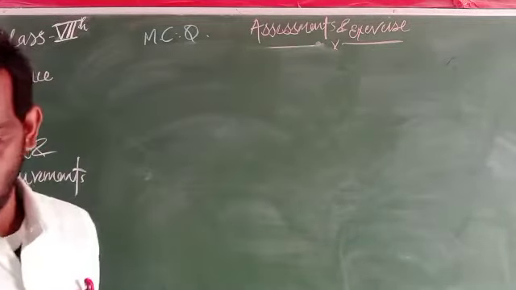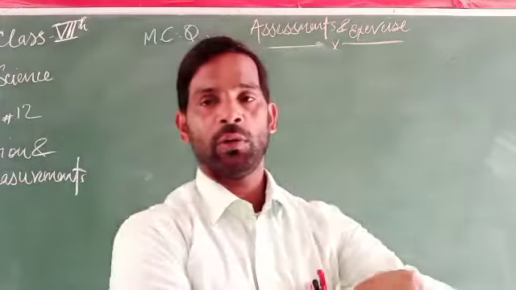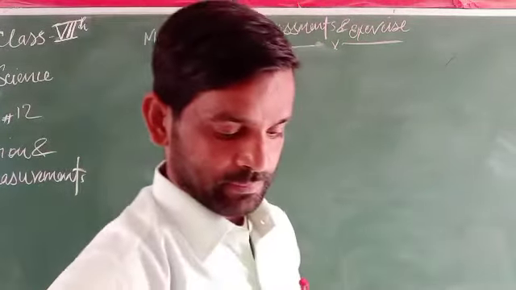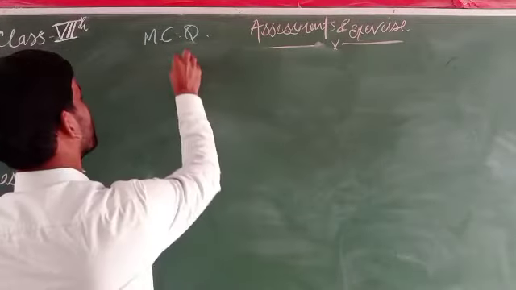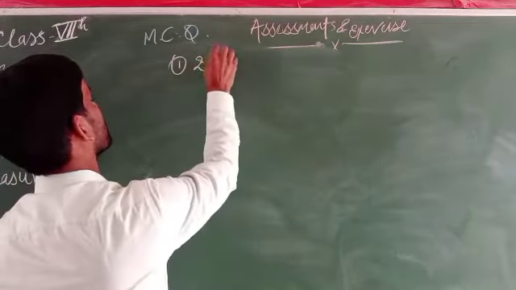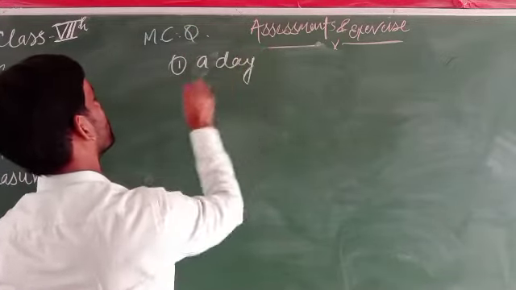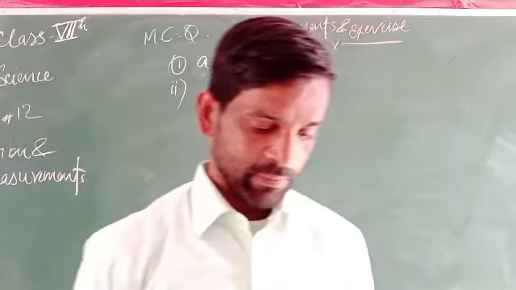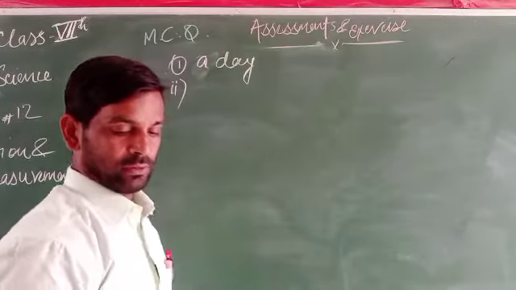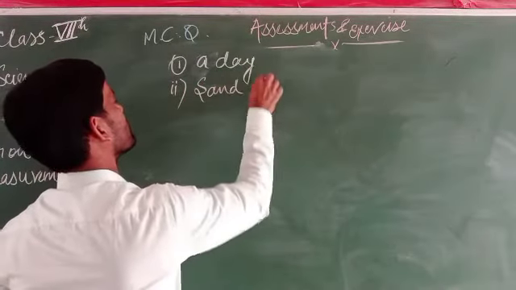The next portion is: give one word for the following. Time taken by Earth to complete one rotation, that is 24 hours, should be termed as a day. Next, a device for measuring time by sand flow is called a sand clock.